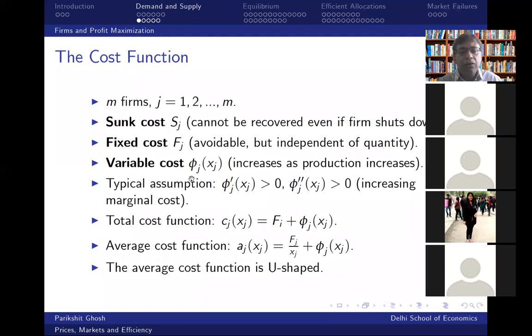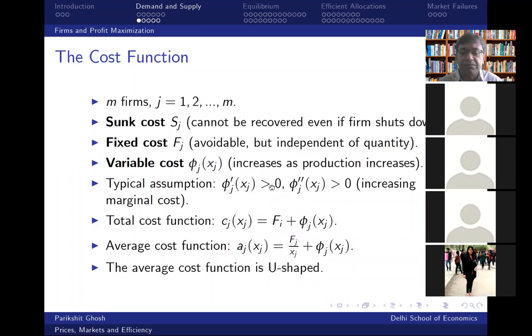All right. Now, this is the variable cost function. So like with the consumer part, we'll make some assumptions. We'll assume that the first derivative is strictly positive and the second derivative is also strictly positive. So the first derivative captures the marginal cost. What is the extra cost if the firm wants to produce a little bit more? And the second derivative is how that marginal cost changes as the firm is scaling up its production.